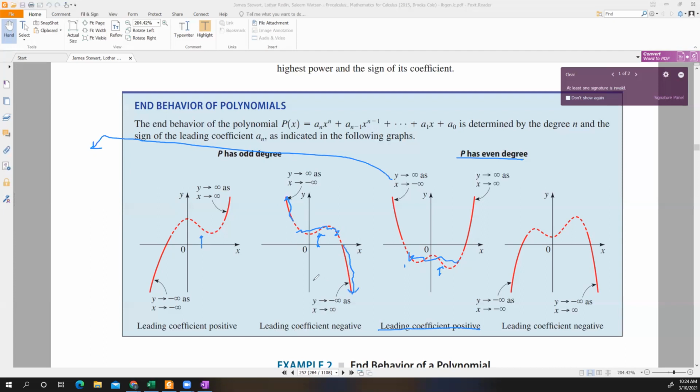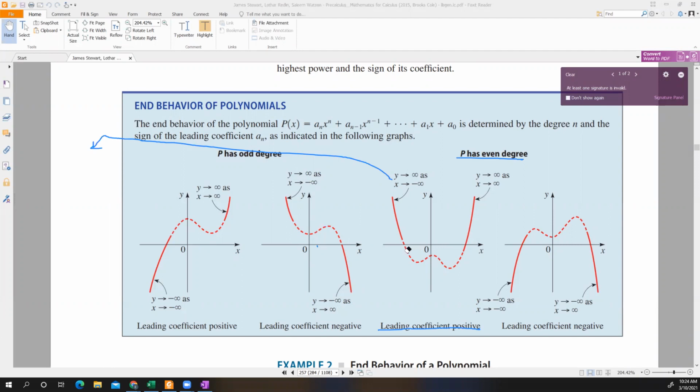In this case, we don't really care what's happening near zero, or, if you want to use more technical terminology, we don't care about what's happening to the function on a neighborhood of zero.